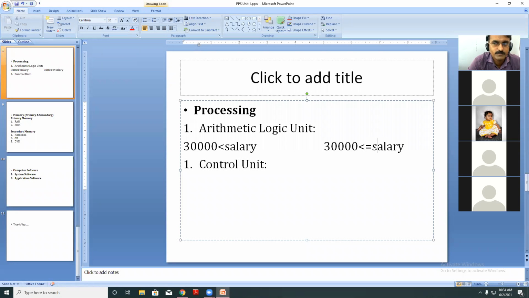Again, understand my statement. I want to find out the employee whose salary is less than 30,000. So which one should I take? Whether I should go with this part or this part?